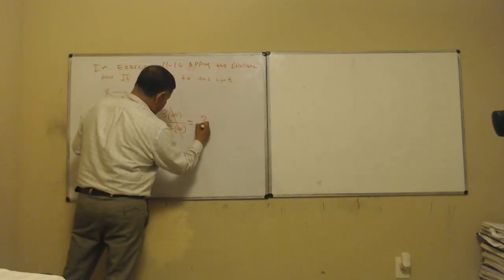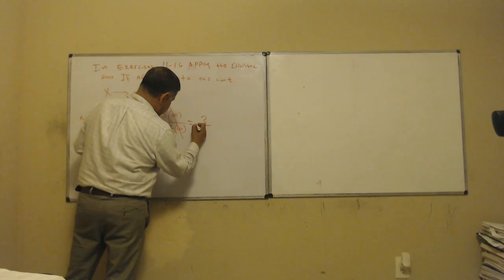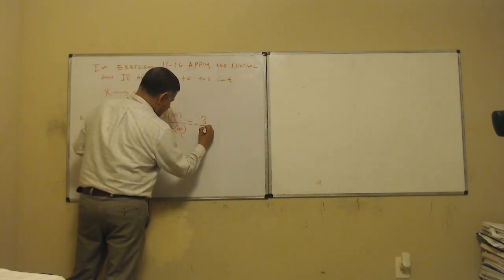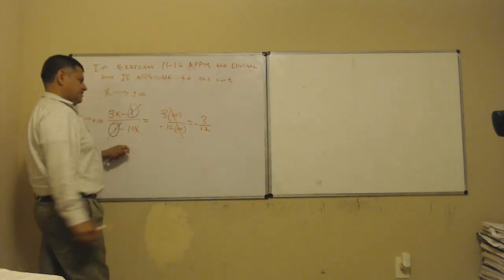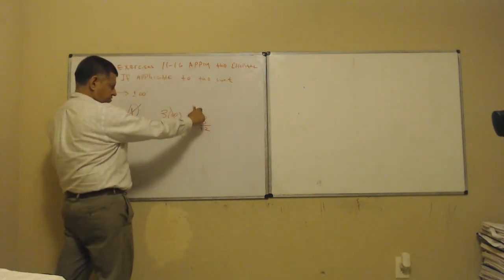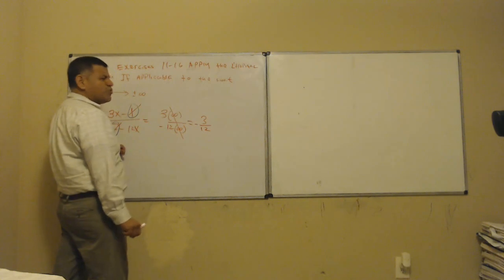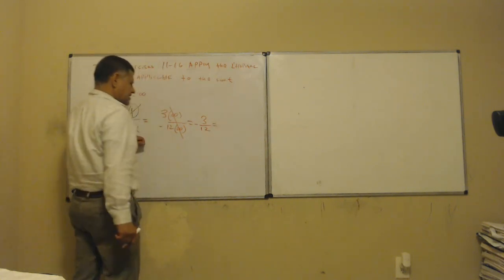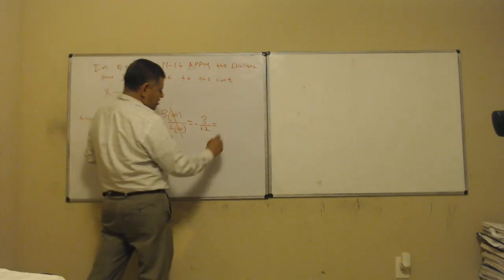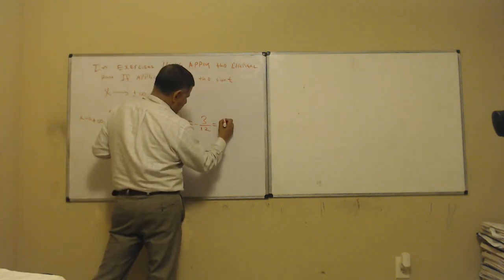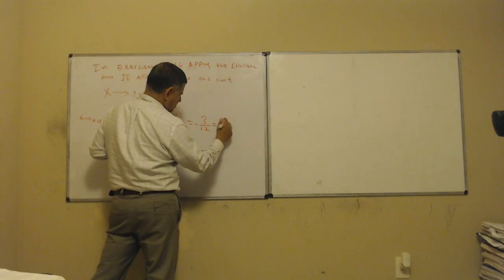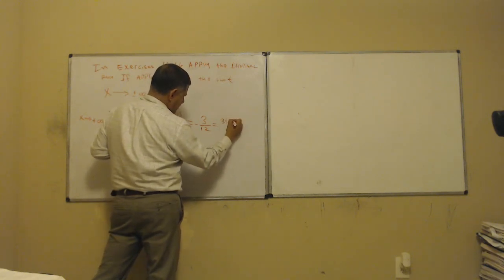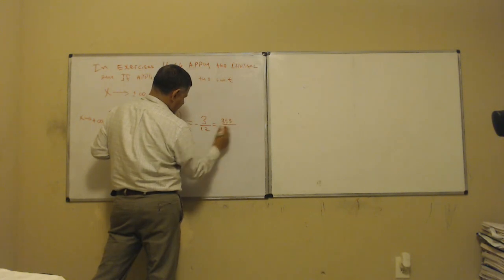and you got 3 over negative 12, which you can write as 3 over 12, negative. Okay, now take the top, 3 divided by 3, you get 1, right?